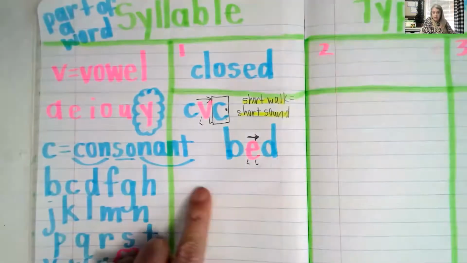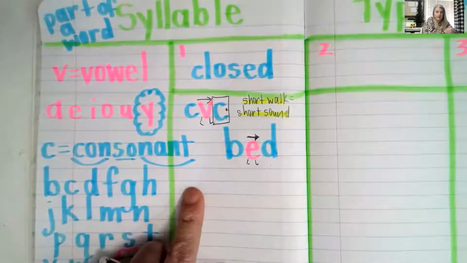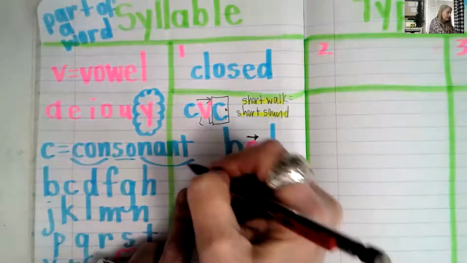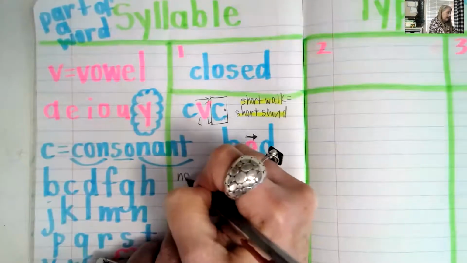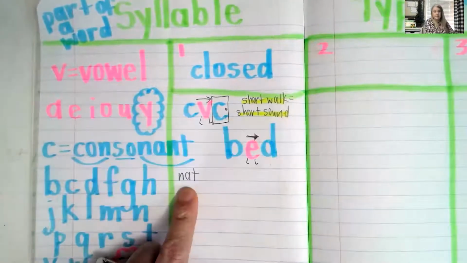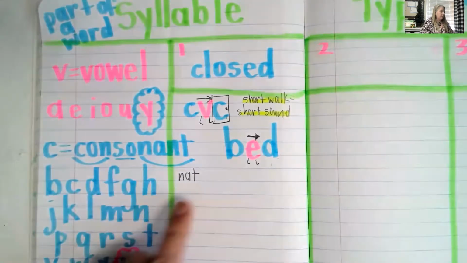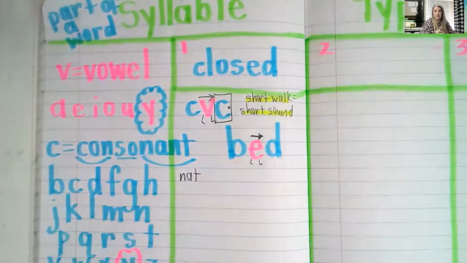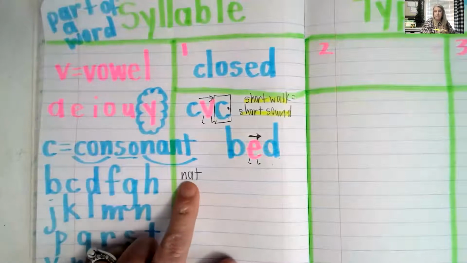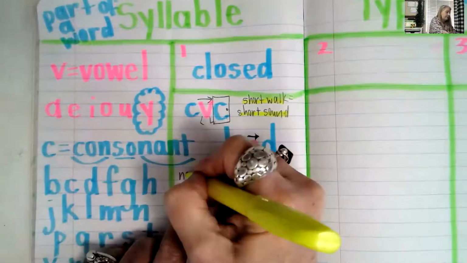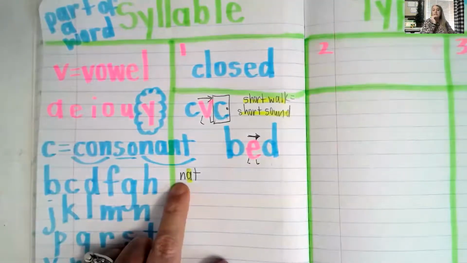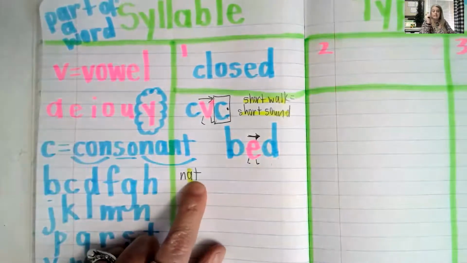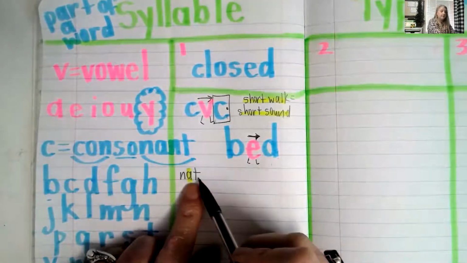Let's look at some other syllables that would look like this. How about N-A-T? Grab your yellow highlighter and highlight that vowel. Vowels, A-E-I-O-U. There's the A. A says ah. So it says nat because the T is closing it in.